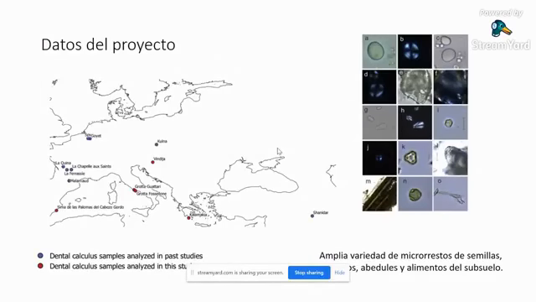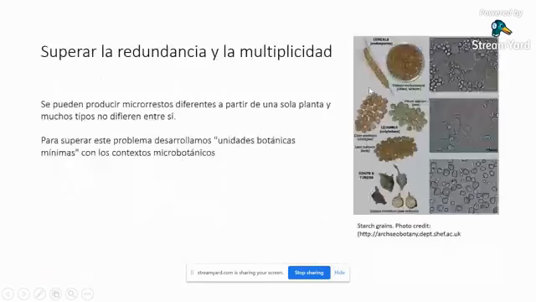So using dental calculus analysis, we're able to retrieve a variety of microbotanical information showing evidence of seed use, different nuts, things like lily root, as well as birch pollen, different endosperm seeds, as well as pollen from ferns and also cereals.